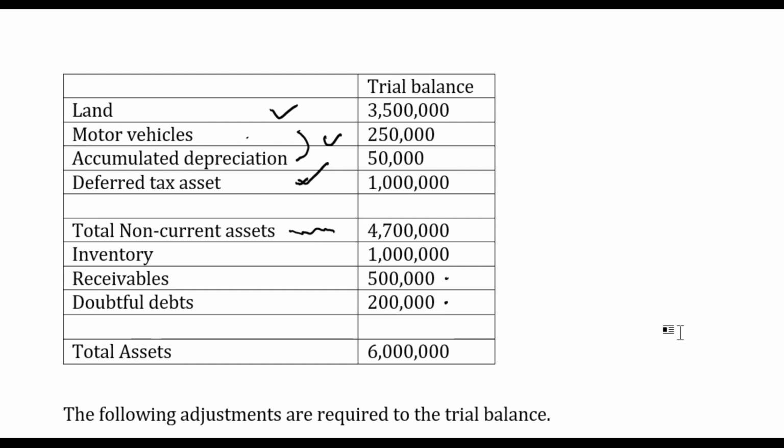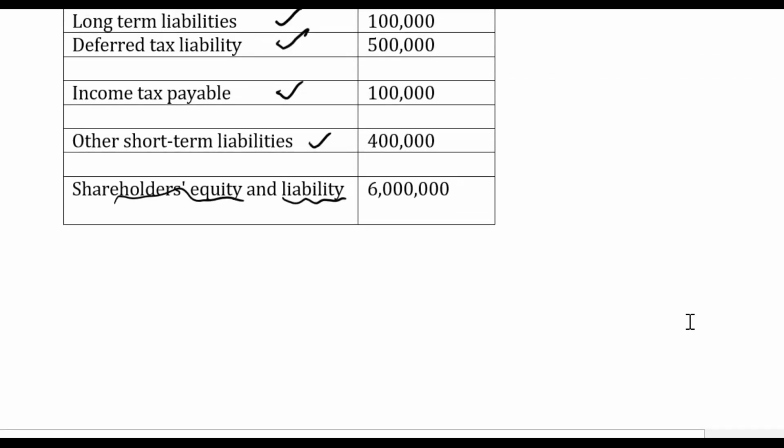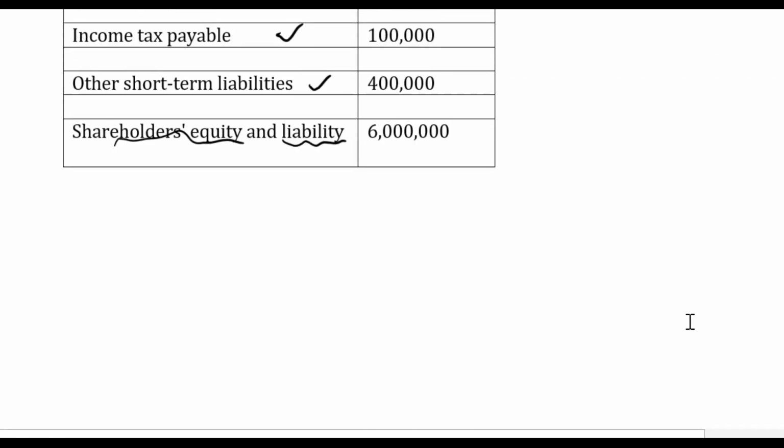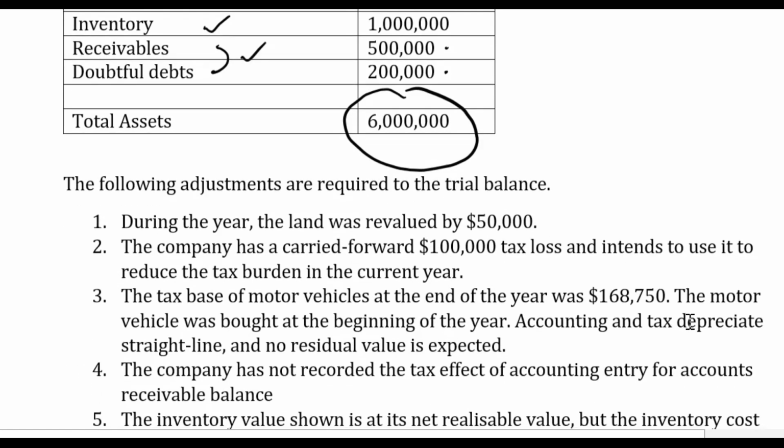Then the current assets: inventory, receivables associated with doubtful debts, and together with the non-current assets, the total assets are 6 million. So the debit of total assets, 6 million, equals credit of shareholders' equity and liability, 6 million.